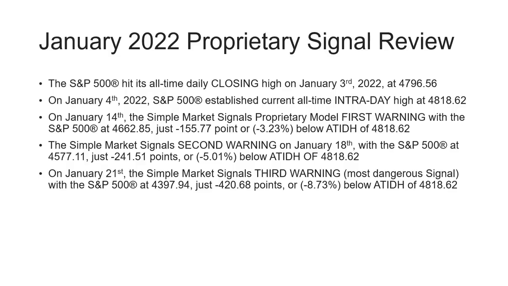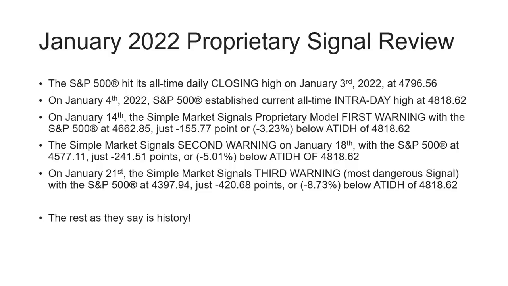Think about that, guys. Our third warning, we had two other warnings, and then the third warning, our most dangerous signal in the model, came out with the S&P 500 less than 9% below its all-time intraday high. The rest, as they say, is history.